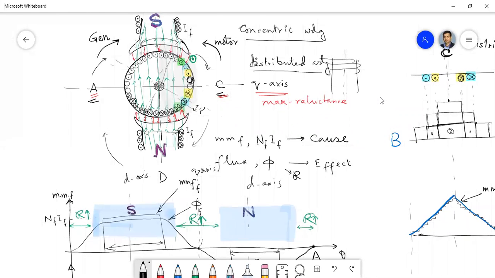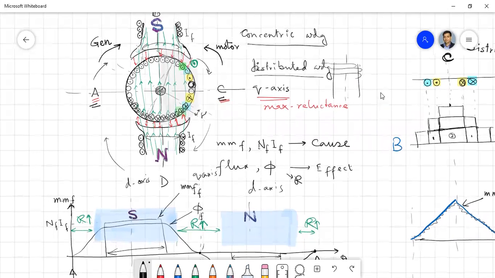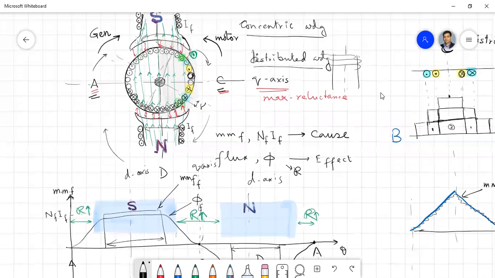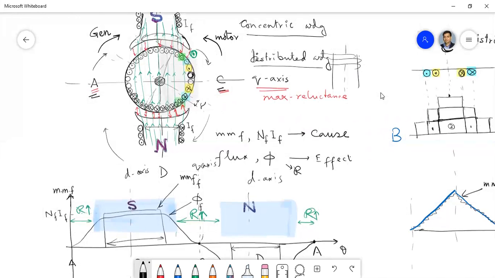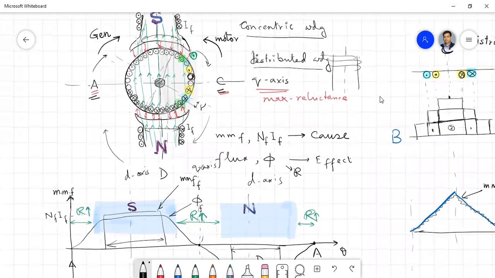So we saw in the last class how the MMF due to the pole and the MMF due to the armature are distributed.